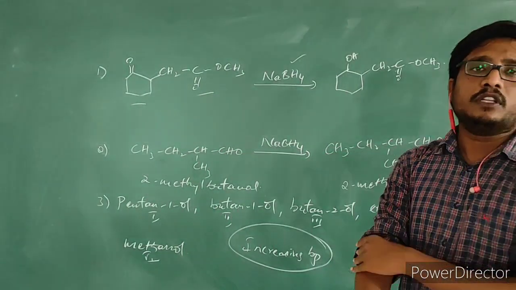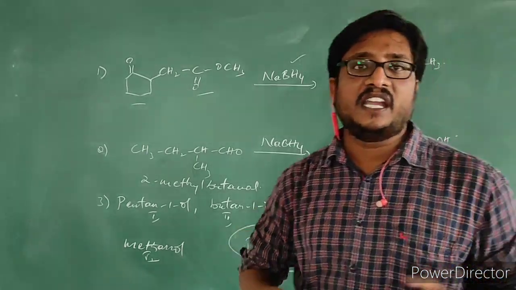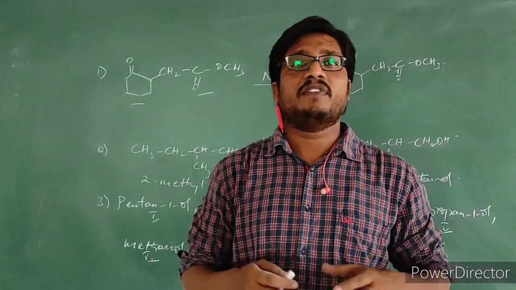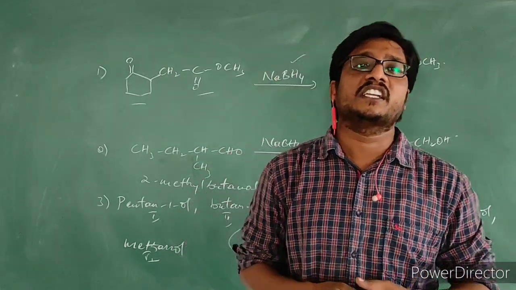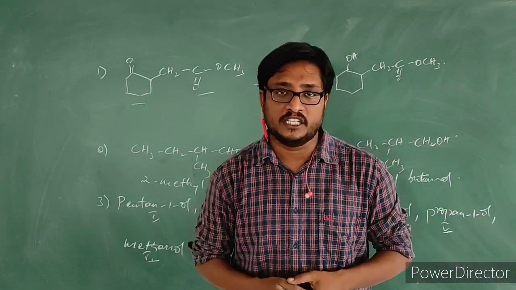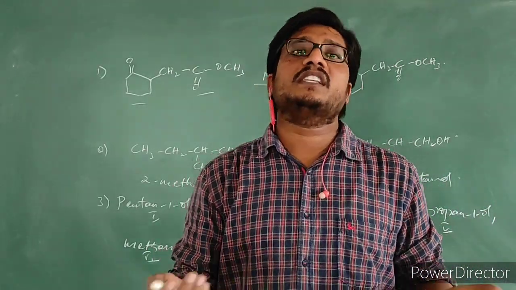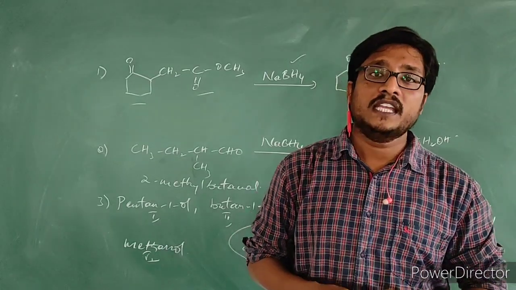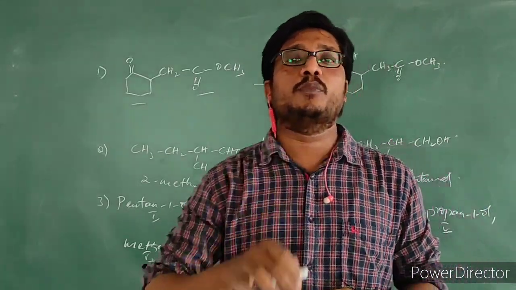As I said initially, as the surface area increases, the force of attraction between the molecules will also increase. If force of attraction increases, boiling point will also increase. Boiling point is directly proportional to the surface area. And one more thing, as the branching increases, surface area will decrease, then the boiling point will decrease.